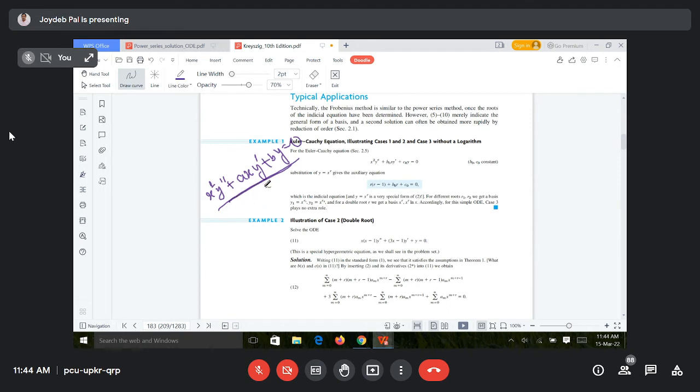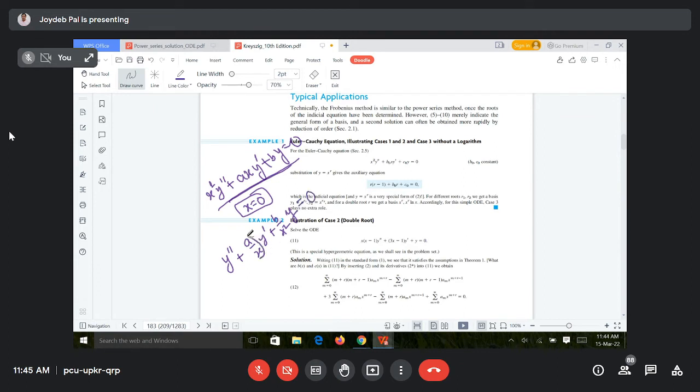Now for that Euler-Cauchy equation, x is equal to 0 is a regular singular point, is it not? Because it is of the form y double dash plus a by x into y dash plus b by x square into y is equal to 0.